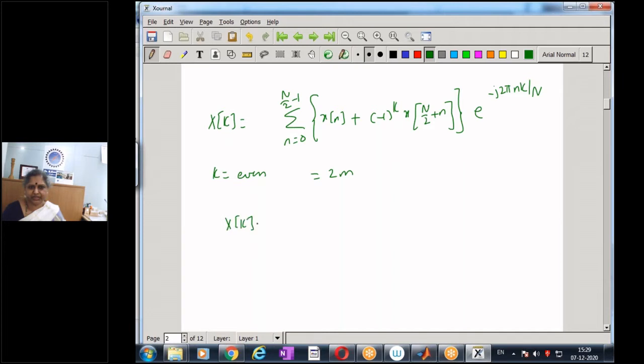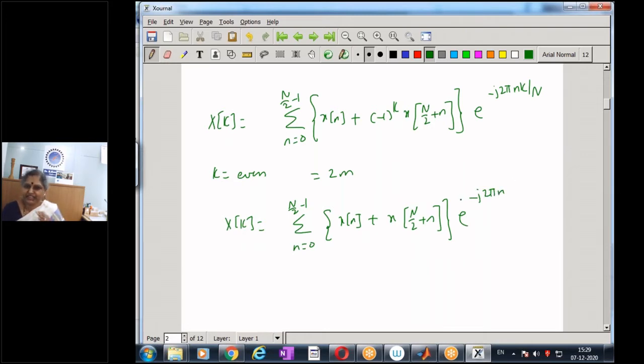Suppose k is even and equal to 2m. Then this summation becomes: X of k equals sigma n equal to 0 to N by 2 minus 1, x of n, minus 1 to the power of k, k being even, will become a plus x of n plus N by 2, and e to the power of minus j 2 pi n k.